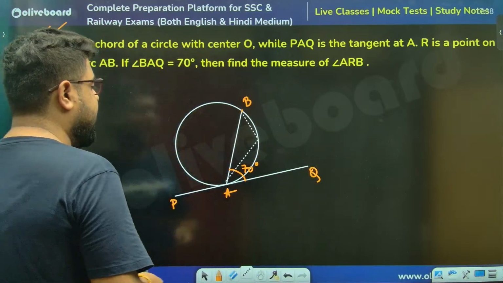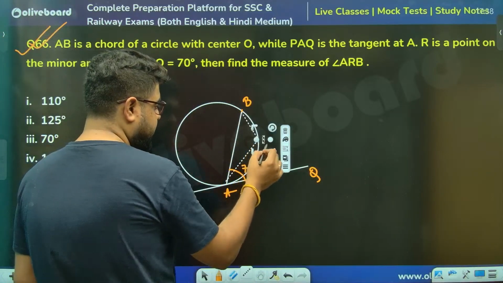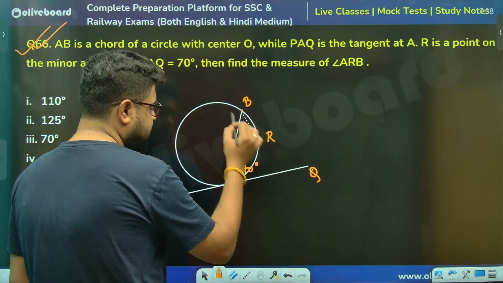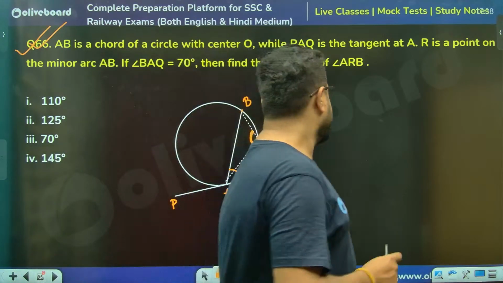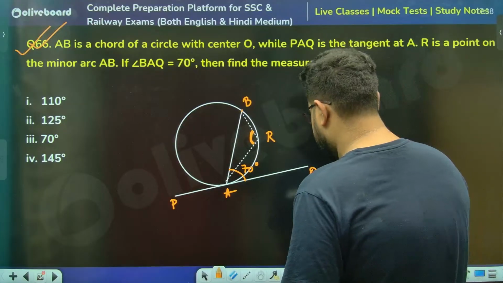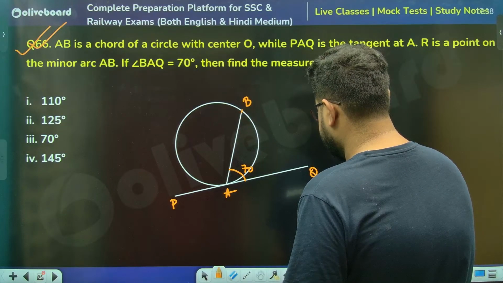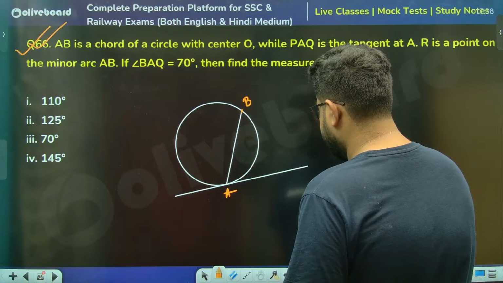They are asking for angle ARB. This is your R point. They are asking you to figure this particular angle out. We have not made the diagram very well. Just give me one second, let's make the diagram a little better.